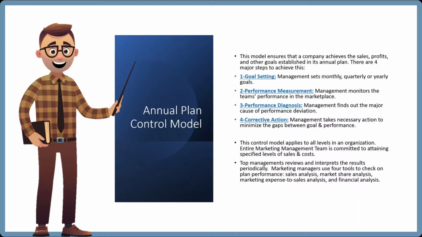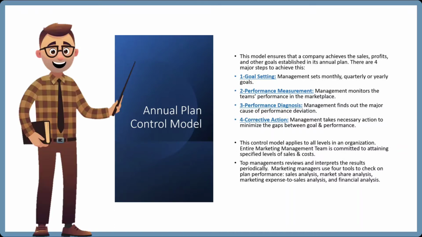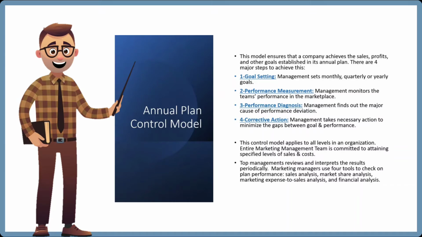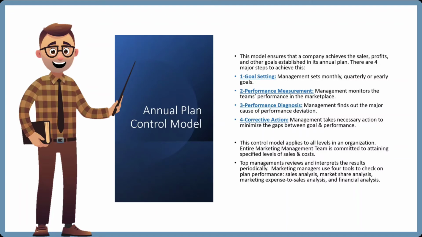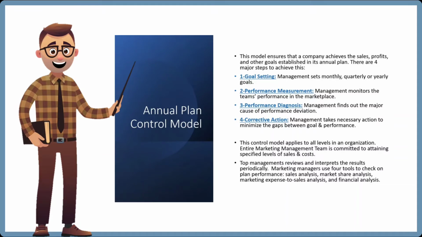There are four major steps to achieve this. Step 1 is goal setting. Here management sets monthly, quarterly or yearly goals. Second is performance measurement. Management monitors the team's performance in the marketplace.